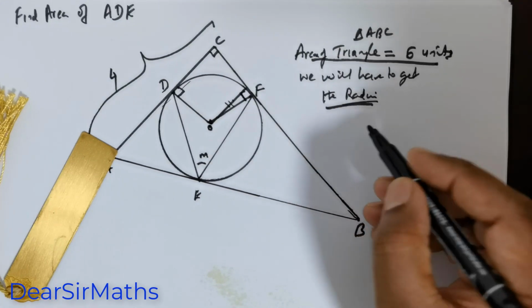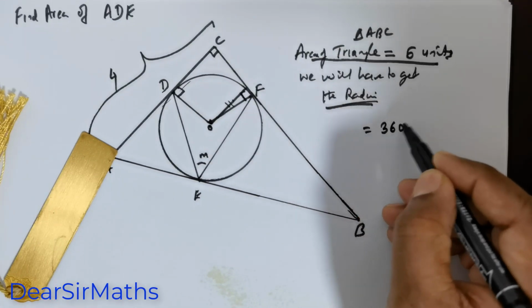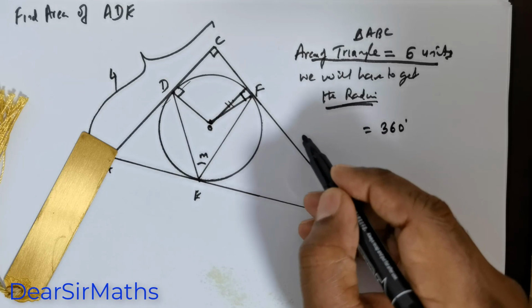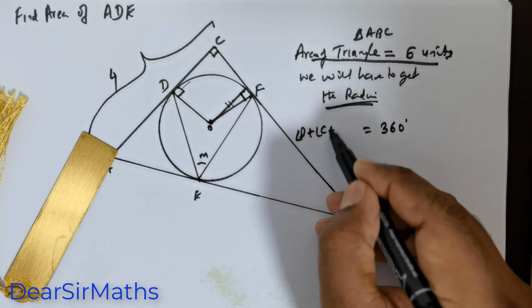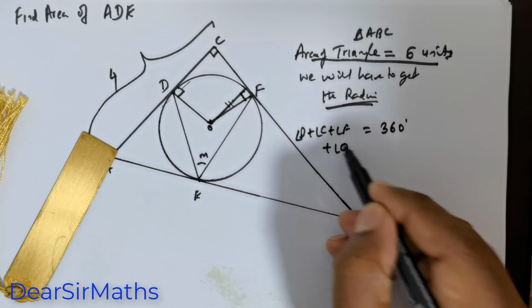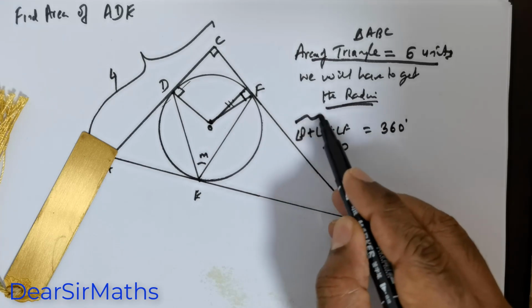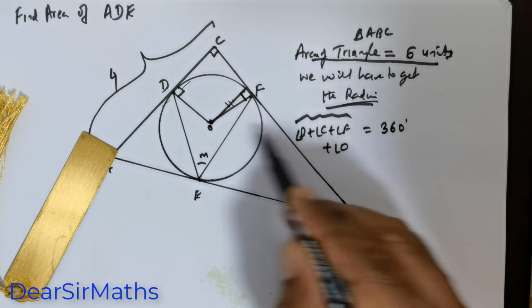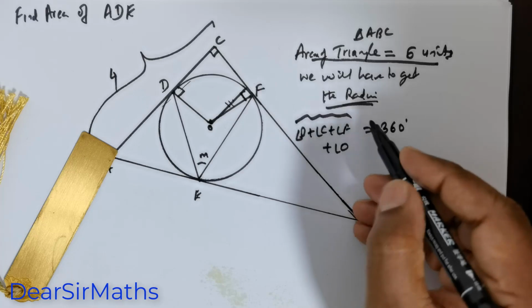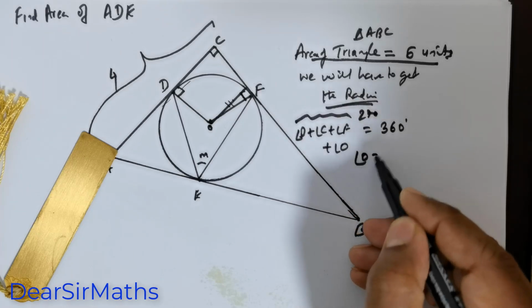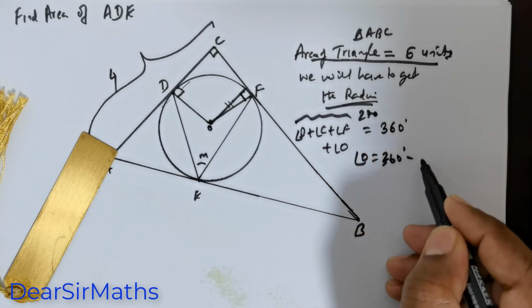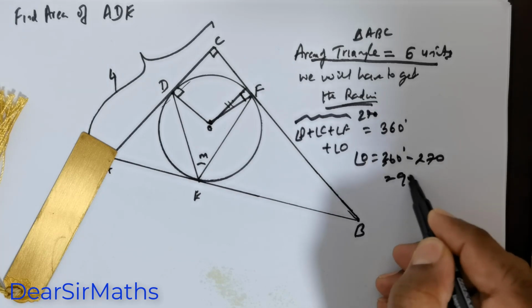So the sum of the angles in a quadrilateral is going to be 360 degrees. Now clearly we see that angle D, angle C, angle F, all three of them, are 90, 90, 90, which is going to be 270. So angle O is 360 minus 270, which is going to be 90 degrees.